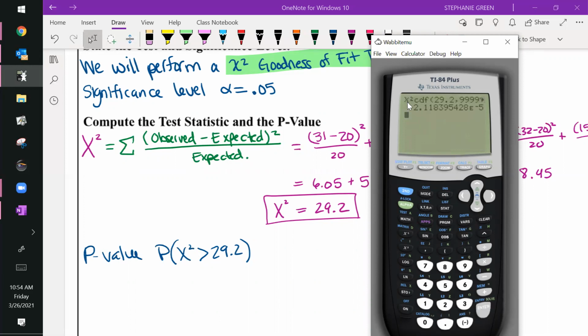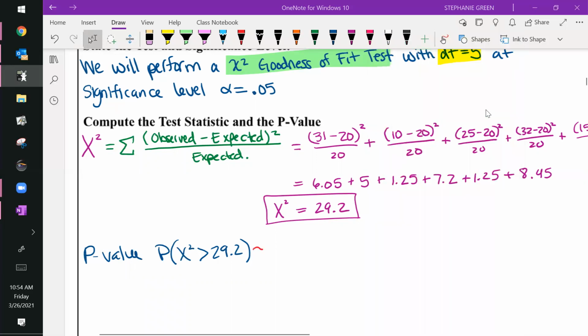So that tells me my p-value, see it's got this e-5 at the end. That means I'm going to take this decimal and move it 5 spaces to the left. So it'll be about 0.0000402, which is very, very, very small. And like we said, it's definitely less than 0.001.